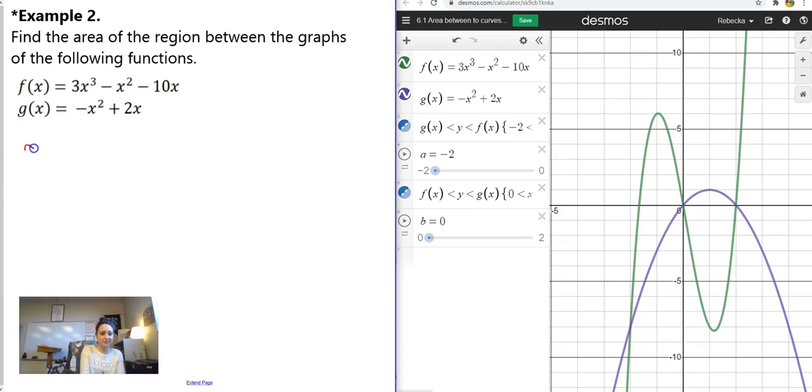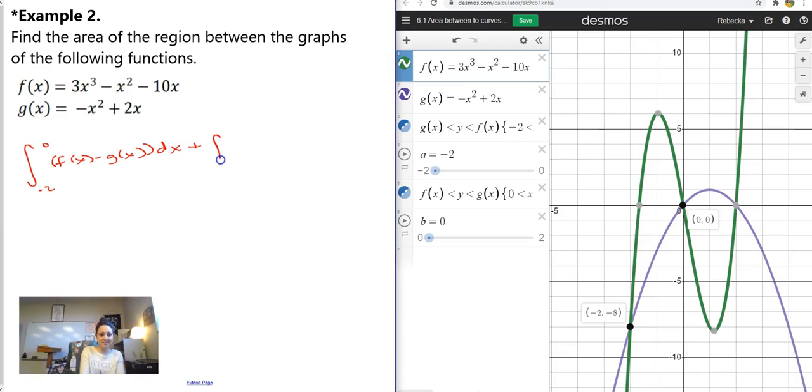So I'm going to go integral. The first one, again, went from x equals -2 to 0. And for that first piece, I have green minus purple. So f of x minus g of x. When I subtract those y values, that would give me the height of each rectangle, dx.